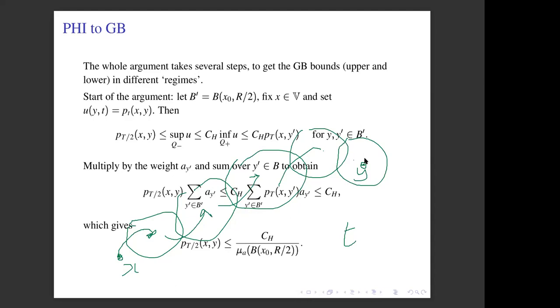For the Gaussian upper bounds, a probabilistic argument would be again to take a chain of balls and to say that it's difficult for the process to move too quickly. And so the chances of it going from X to Y in a short period of time, it has to make a lot of jumps.